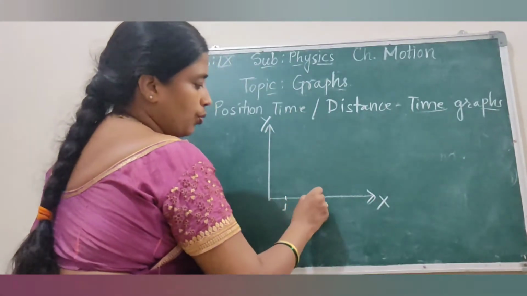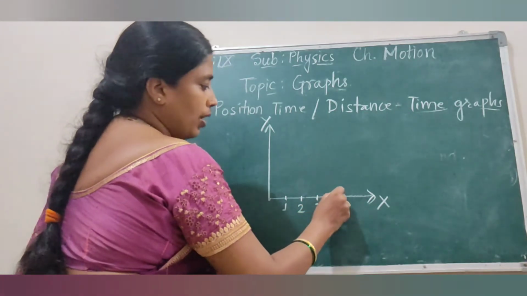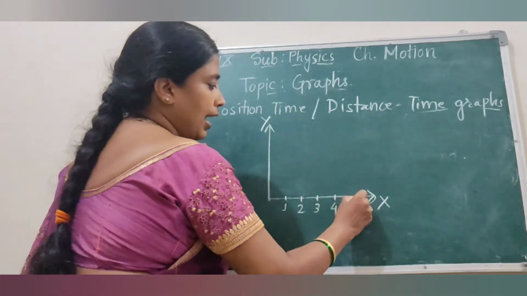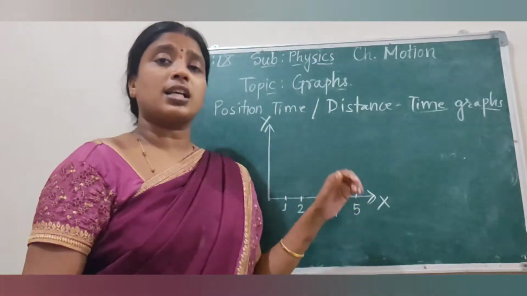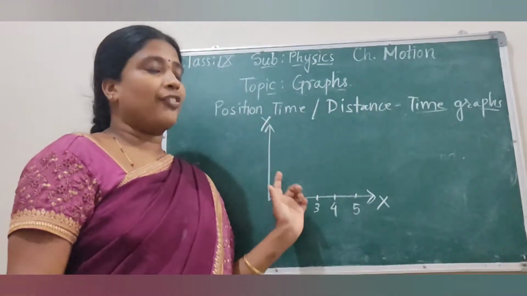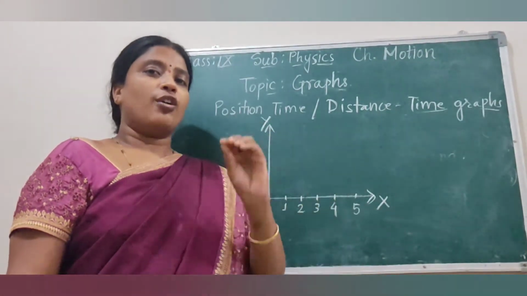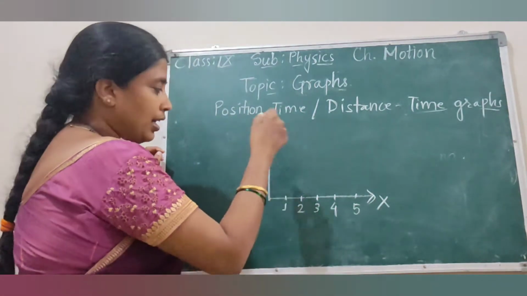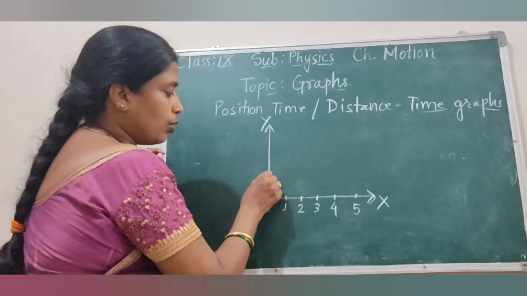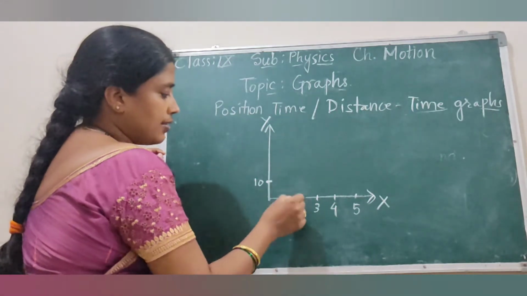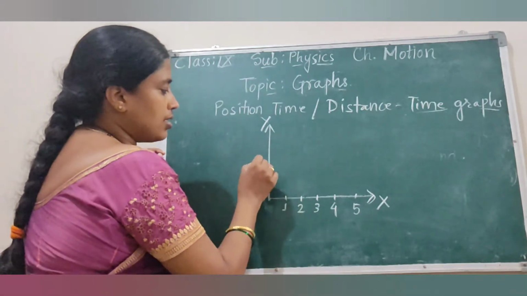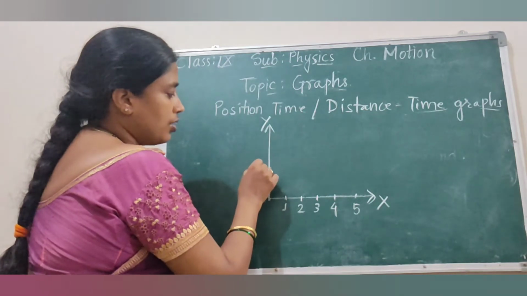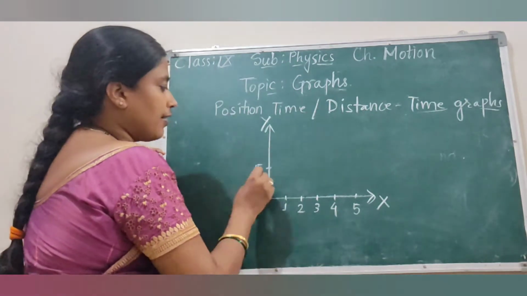1 over, 2 overs, 3 overs, 4 overs and 5 overs. Suppose this graph represents a cricket match of 5 overs. In 1 over the team has scored 10 runs. In 2 overs it has scored 15 runs.